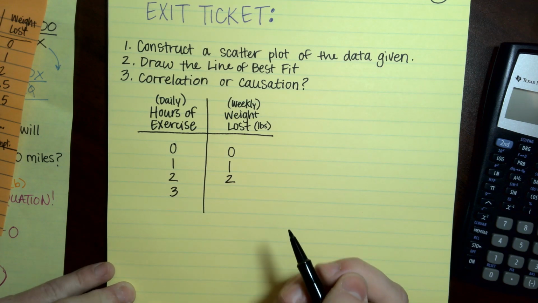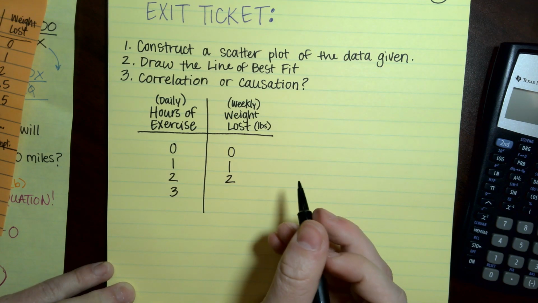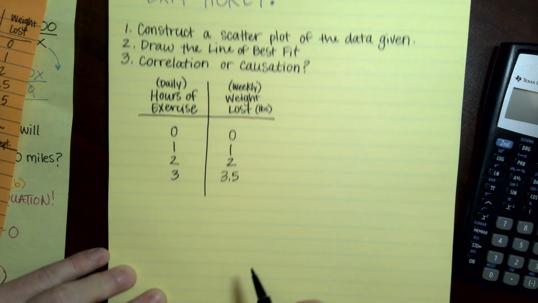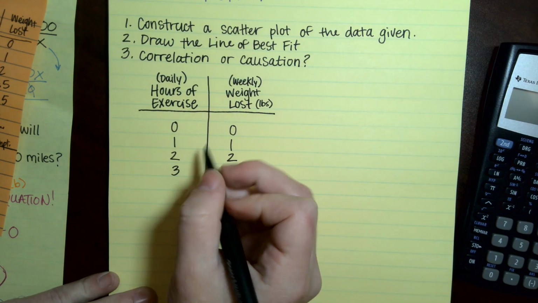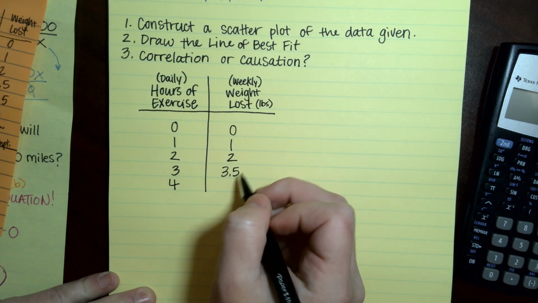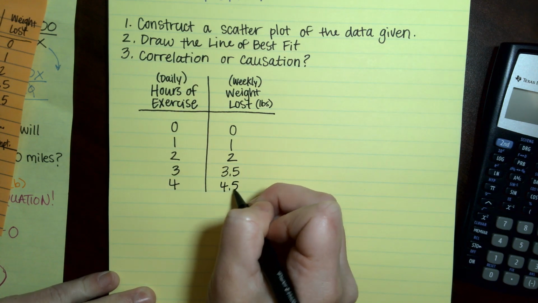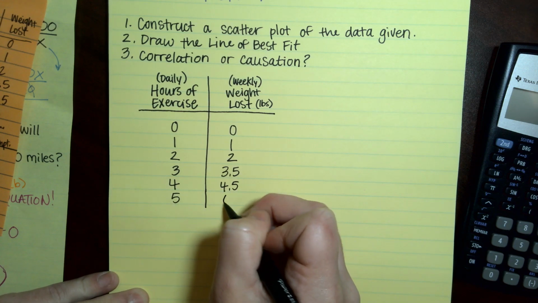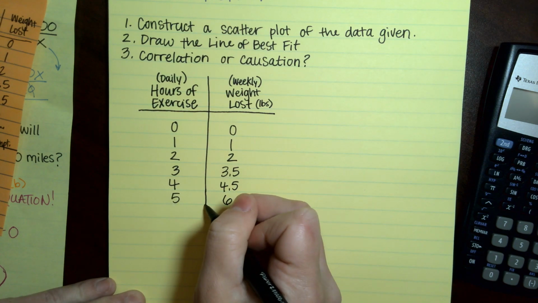When they exercised for 3 hours a day, they ended up losing 3.5 pounds in a week. Then, whenever they did 4 hours, they lost 4.5 pounds. And at 5 hours, they lost 6 pounds.